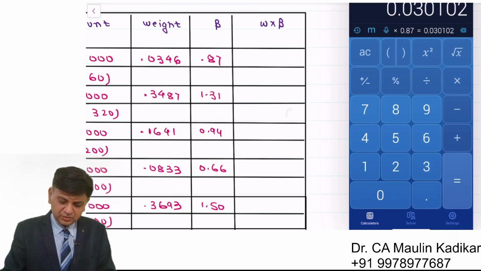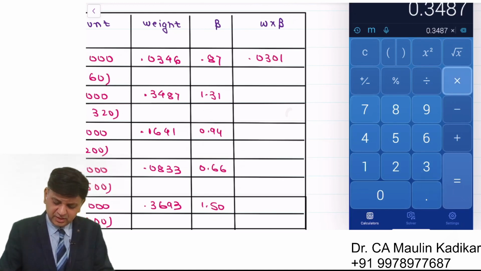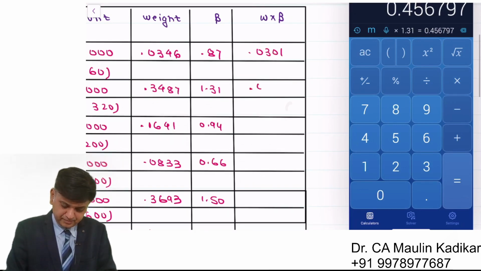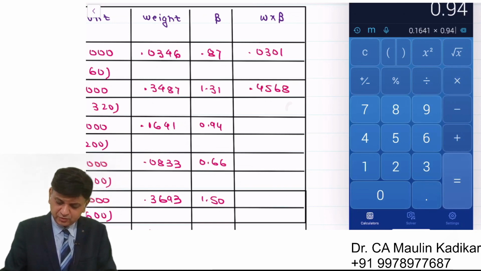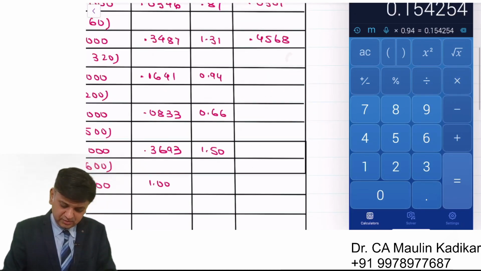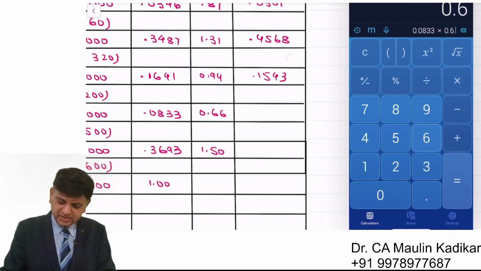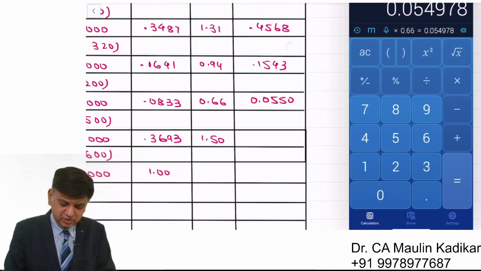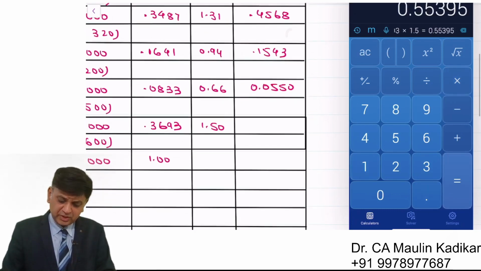So 0.0301. 0.3487 into 1.31. 0.4568. 0.1641 into 0.94. 0.1543. 0.0833 into 0.66. So 0.0549. So I'm taking 0.055 once again. 0.3693 into 1.5. So 0.5540.